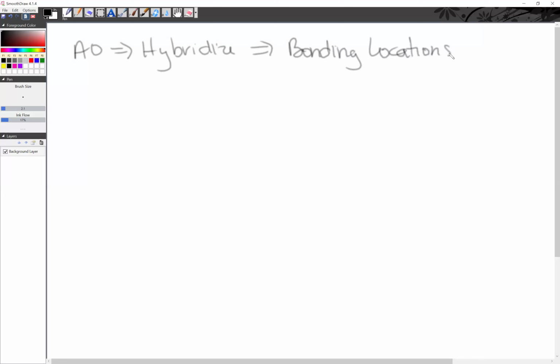Anything that is not used is still available as atomic orbitals. This is going to help us explain lone pairs. It's going to help us explain single bonds, double bonds, triple bonds, and it will also tell us about angles.